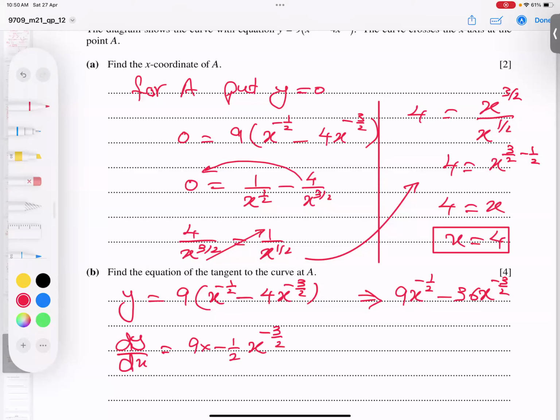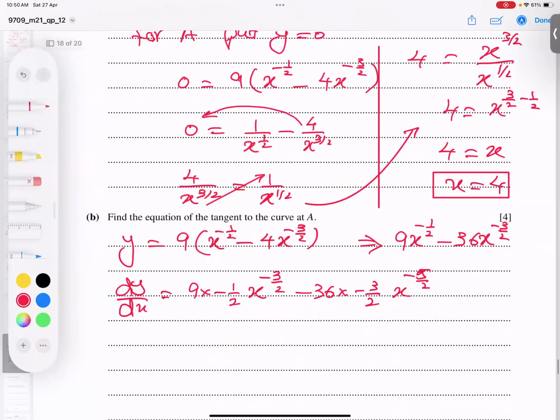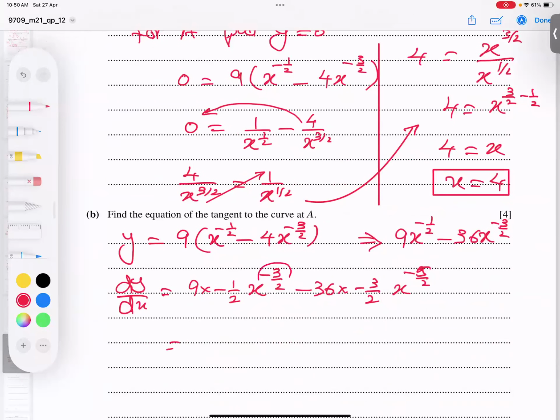After this goes down, and negative 36 already, negative 3 by 2, and from the power 1 less, minus 5 over 2. I will plug in this 9. This is positive. I bring negative 9 over 2 x to the power positive 3 by 2. 18 times 36, or yeah, and 54.